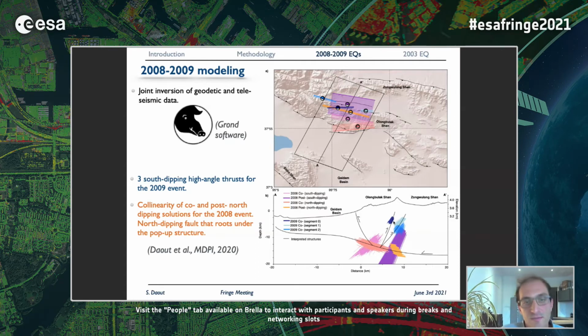While for the 2008 event, we performed two distinct inversions, one with a south dipping plane and one with a north dipping plane, and invert both coseismic and post-seismic. And we observe a very nice collinearity between the coseismic, which is in coral color here, and the post-seismic, which is in orange, for the north dipping low angle solutions. So we conclude that probably here we have a pop-up structure which roots under this low angle décollement at depth.